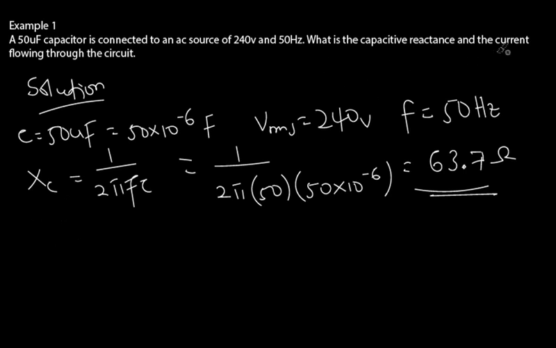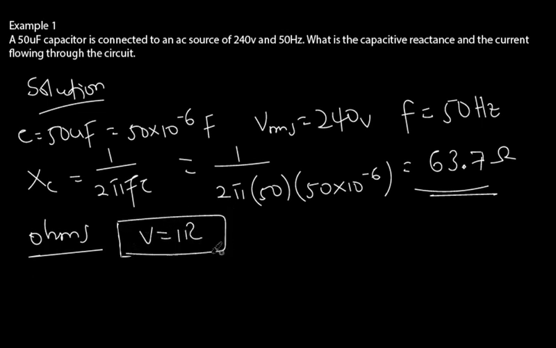Now the second aspect of the question is to find the current flowing through the circuit. For this we use Ohm's law, but a modified version of it. We know Ohm's law is V equals IR, which is for a pure resistive circuit.